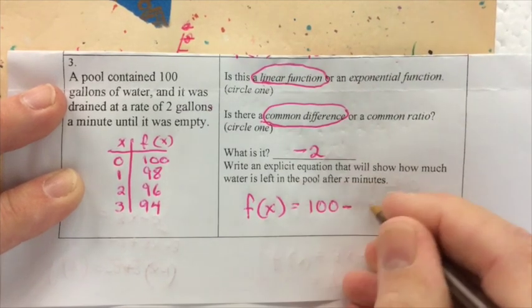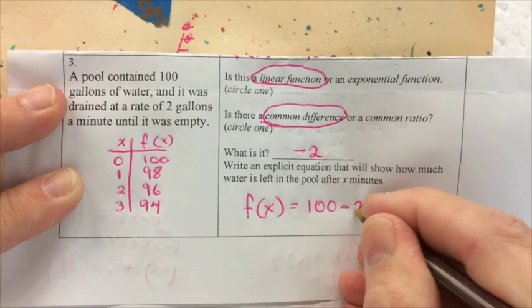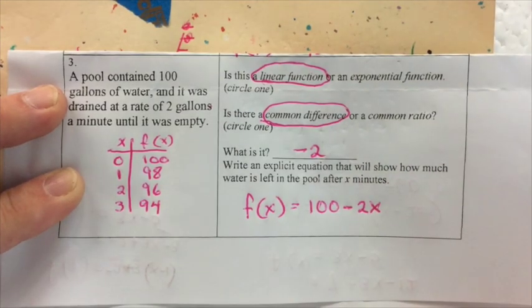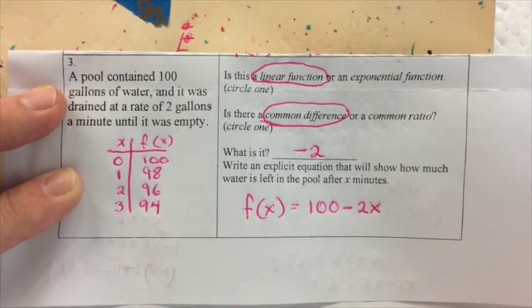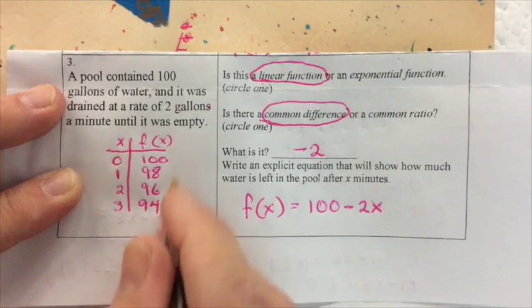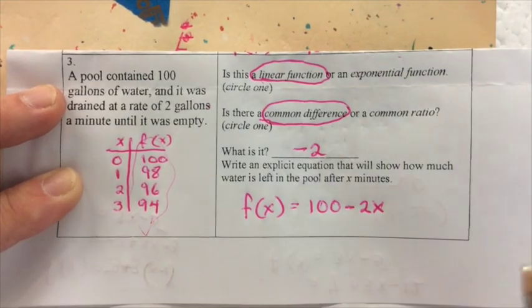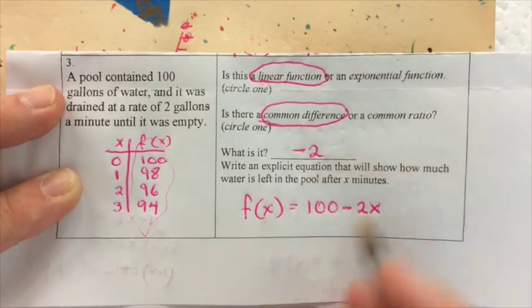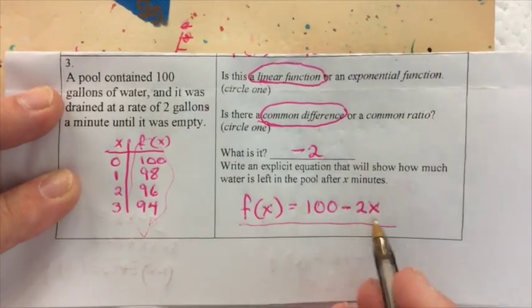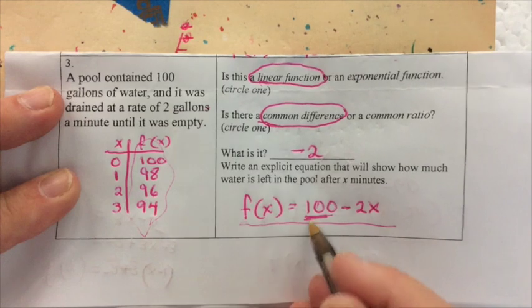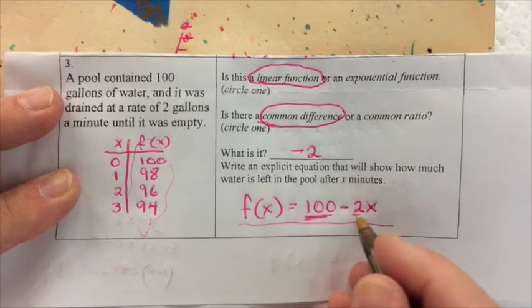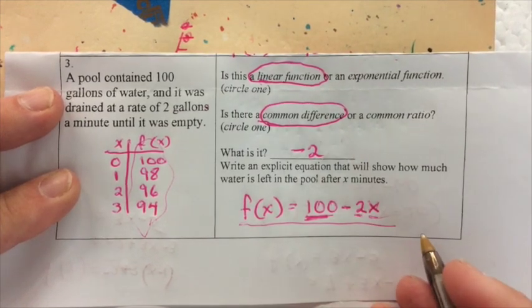And every time a minute goes by, I'm subtracting 2 gallons. And that's the equation. Okay. Again, you can use any one of these that you want and put it into the other form that we were talking about. But this is the story. I started out with 100 gallons. 2 gallons every minute came out when I drained it.